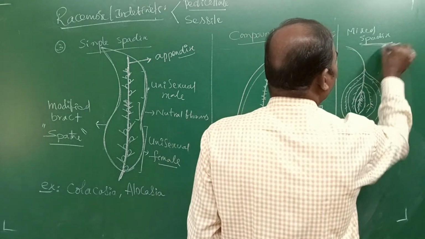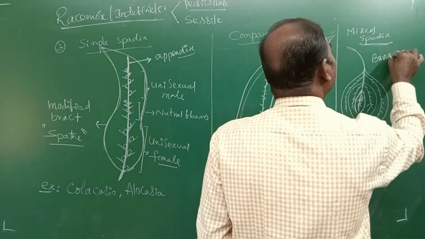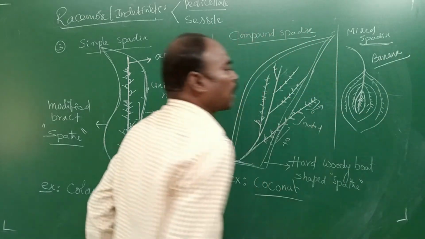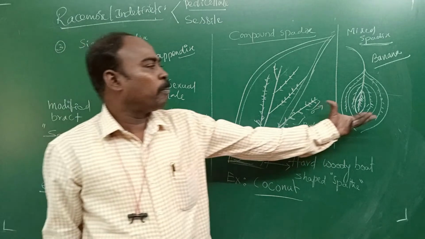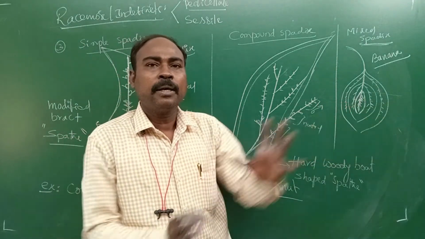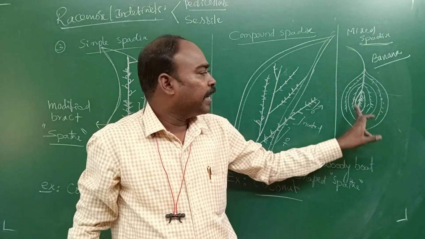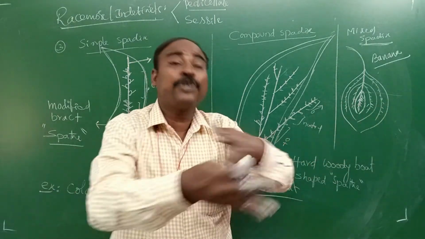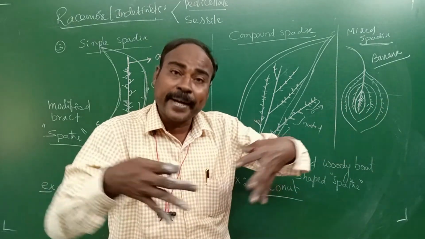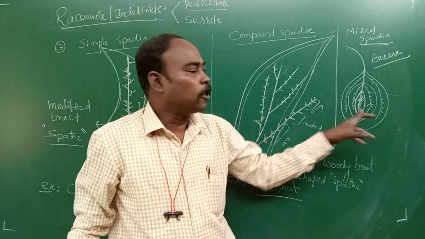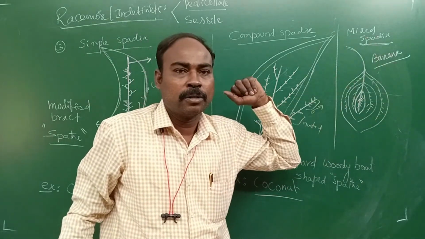So this is called mixed spadix, found in banana. So you know the banana inflorescence, the long drooping banana branch. There each branch is individually covered by a separate leathery spathe. So this is called mixed spadix.